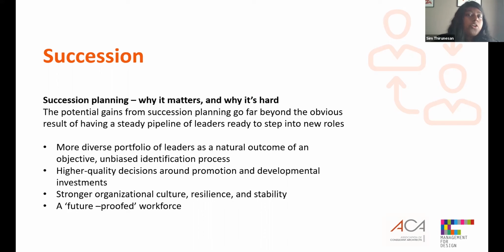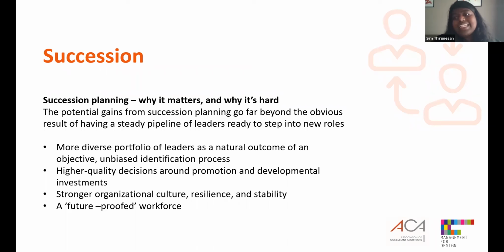For example, your business will also have access to a more diverse portfolio of leaders, and higher quality decisions around promoting and development investments due to a more effective use of the data the organization has, so you're able to make informed choices. There's also the enhanced career development opportunity for emerging leaders, and a stronger organizational culture due to enhanced ability to advance, as leaders will embody the organization's stated beliefs.